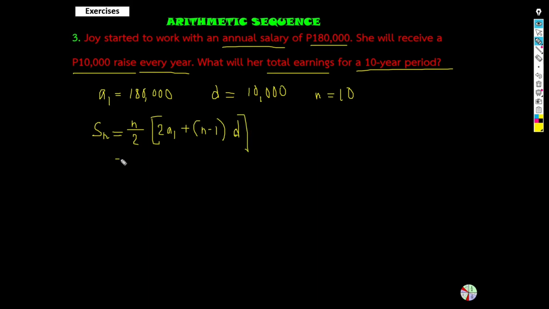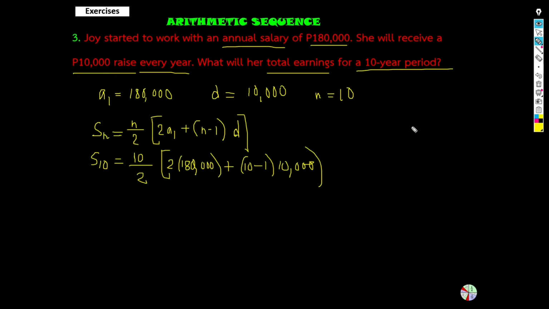Therefore, we're going to find out the total earnings in a 10-year period, so this is S sub 10. n is equal to 10, so that's 10 over 2 multiplied by 2 times a sub 1, which is 180,000, plus n, 10 minus 1, times d, which is 10,000.